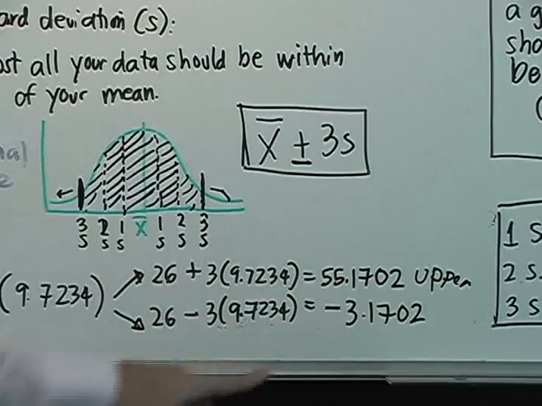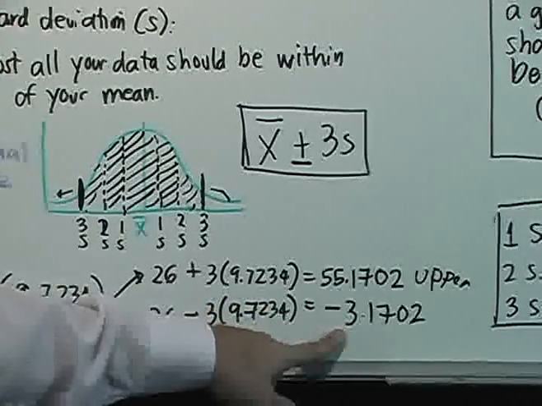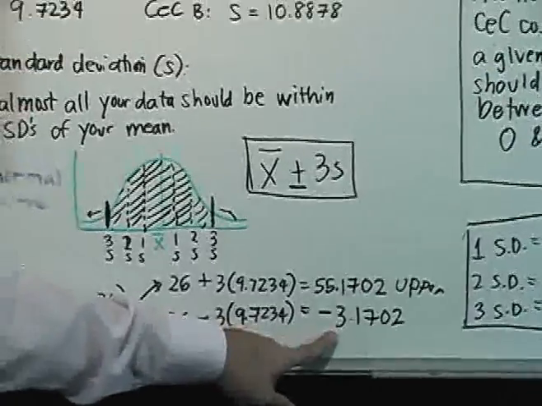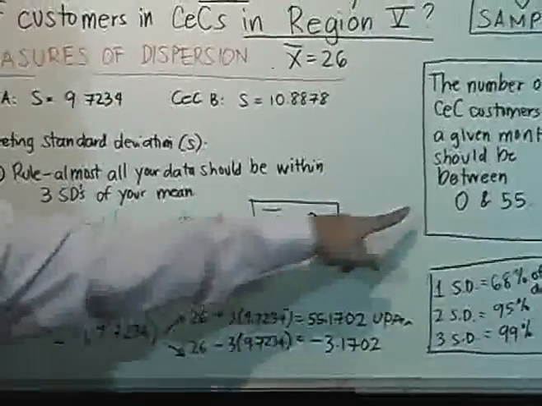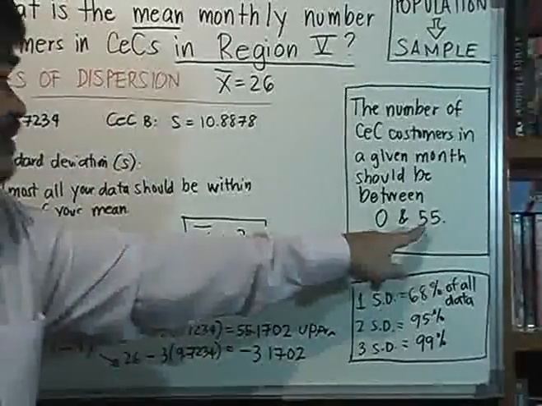Obviously, when we talk about people, we cannot say that there are negative 3 people. So the lowest figure that we can get there is 0, and then we just round off 55.1702 to 55.